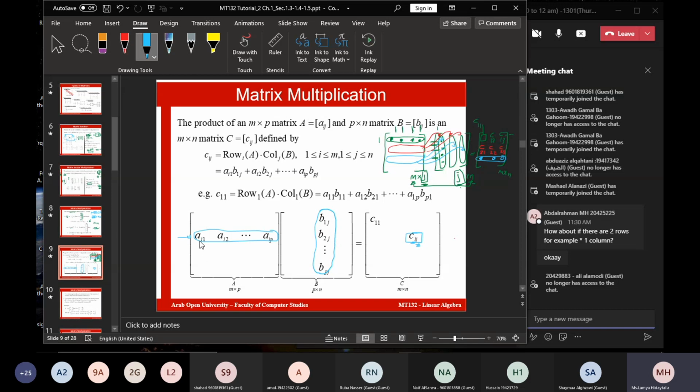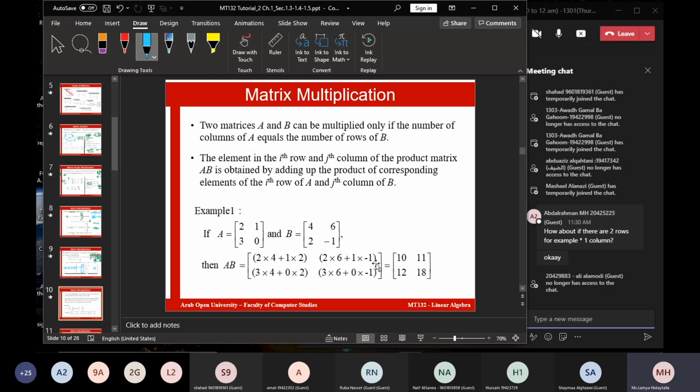So I multiply the first times the first, and then the second times the second, plus, so I get that answer. So every element Cij in the new matrix, I get it from the i-th row times the j-th column. Clear how we do multiplication of two matrices? All of us, it's clear?